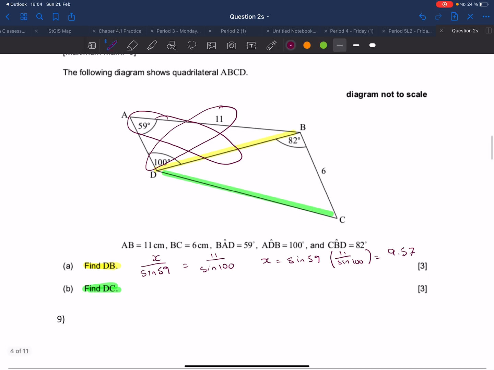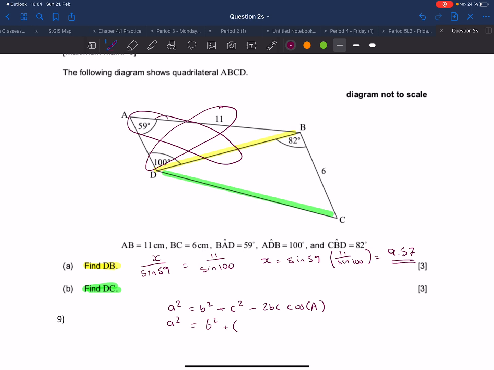And then we can use the cosine rule, which is A squared equals B squared plus C squared minus 2BC cos A. If I substitute that in, A squared is what I don't know. B squared can be 6 squared. C squared, you need to use not the rounded decimal answer from the previous question, but the unrounded solution you've got in your calculator.